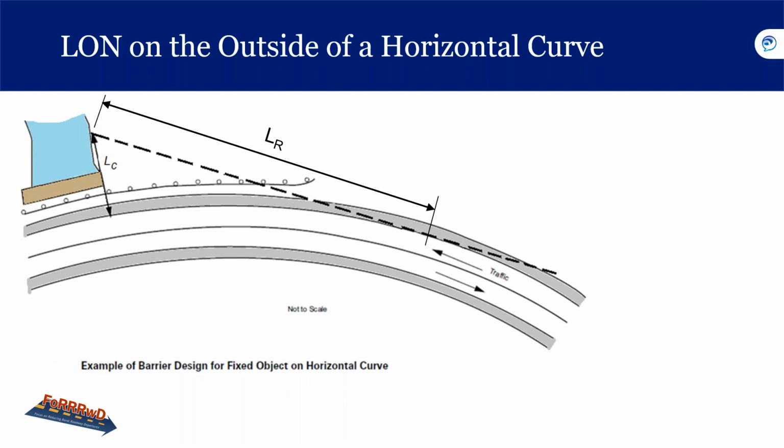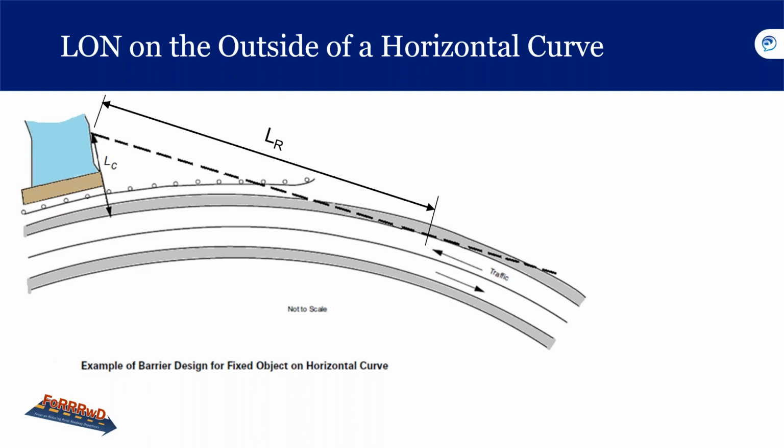If the obstacle is on the outside of a horizontal curve, the length of need is defined by a tangent from the obstacle to the edge of traveled way, and this is best determined graphically. We can see the runout path should actually extend to the river rather than stop at the bridge end. So we have to use some caution here.